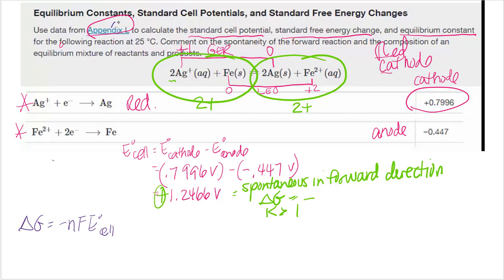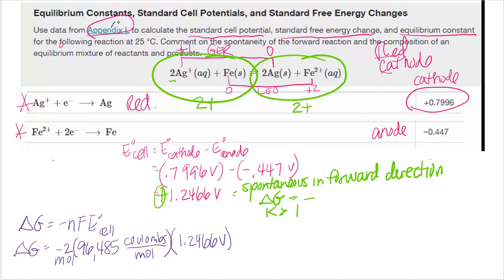So when I write in my delta G down here, delta G is equal to negative 2 times F. Faraday's constant, we were given on the page before, is 96,485 coulombs per mole. And then we're going to multiply it by our Ecell that we just found, 1.2466 volts.